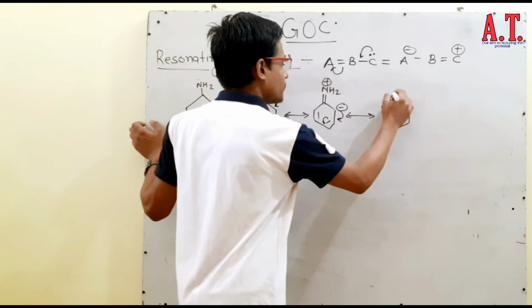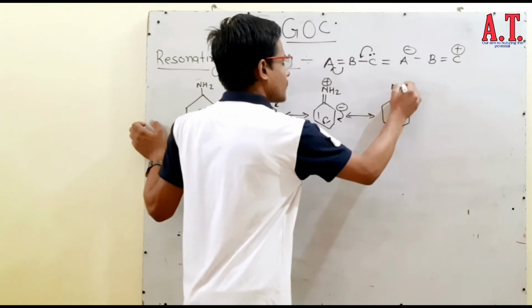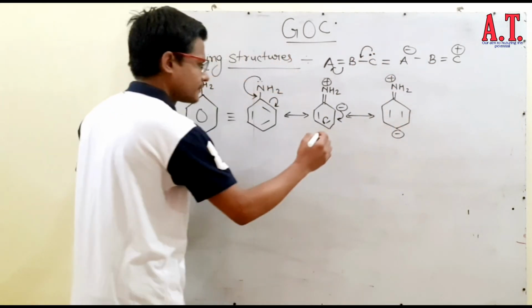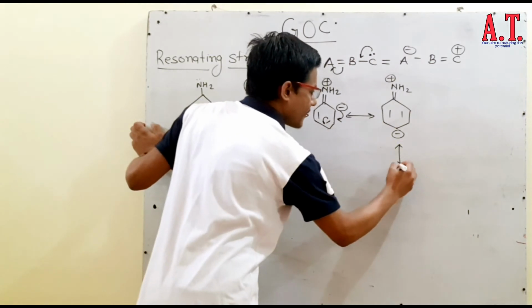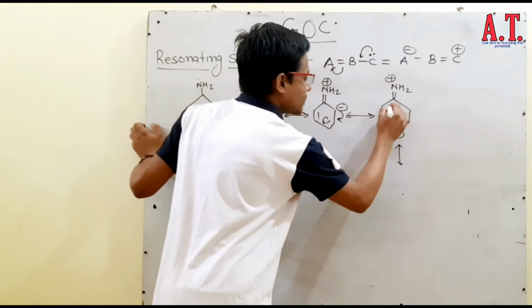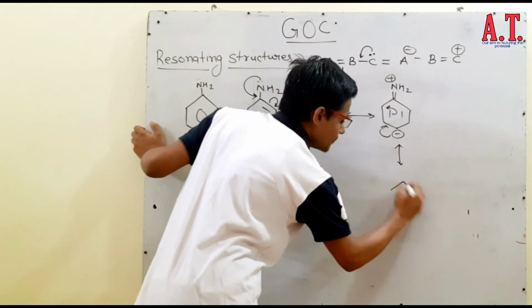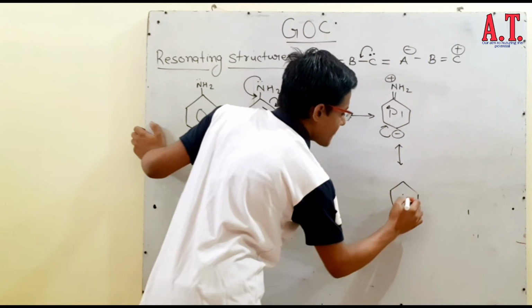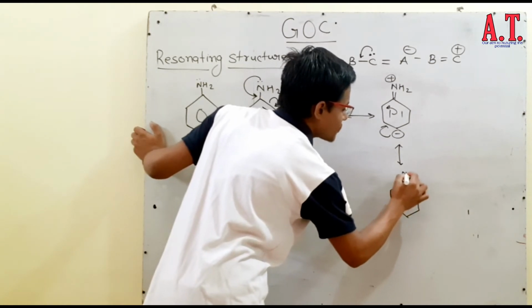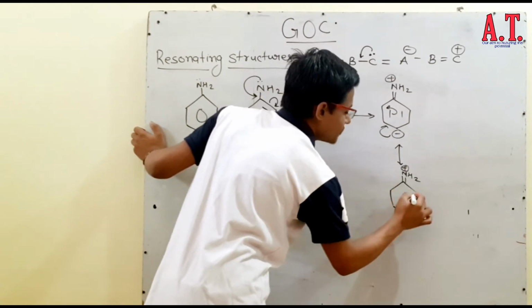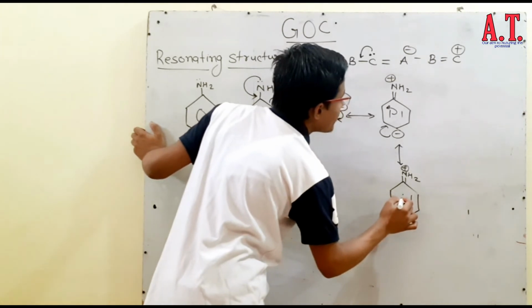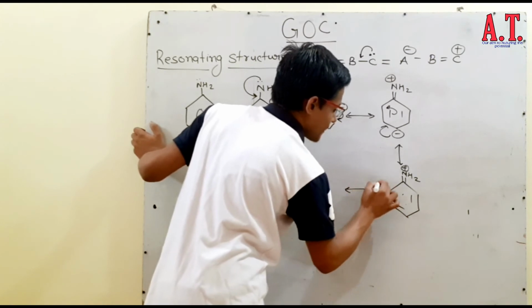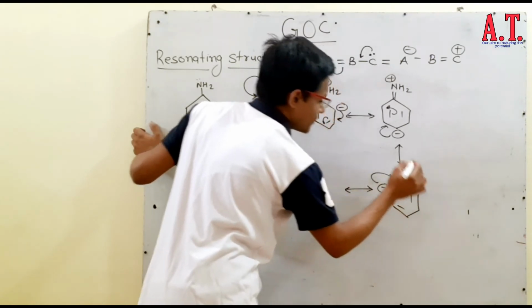It is very similar to phenol. This lone pair and negative charge act on this pi bond. It will give you this NH2 positive, this, and this will attack this positive.